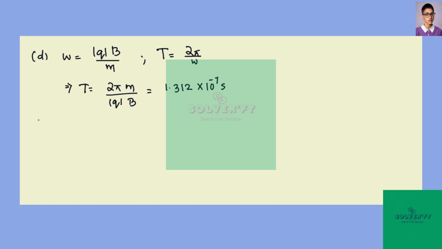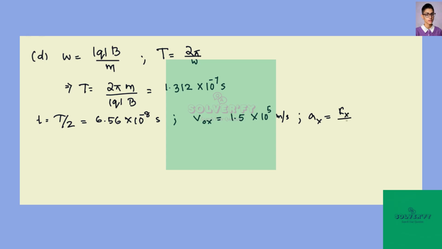Now at time t equal to the time period over 2, which means at time 6.56 times 10 to the power minus 8 seconds, Vox is going to be the same, which is equal to 1.5 times 10 to the power 5 meters per second, and acceleration along the x direction will be Fx over m.